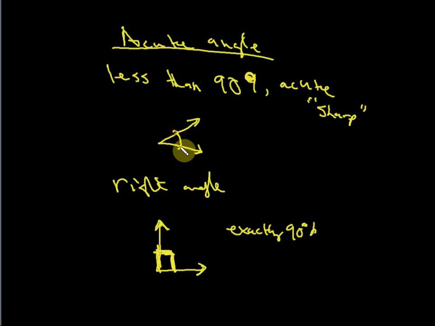Remember when I was drawing this angle, it was a semicircle, but this is a box form, so this is 90. And next, obtuse. This is greater than 90 degrees.